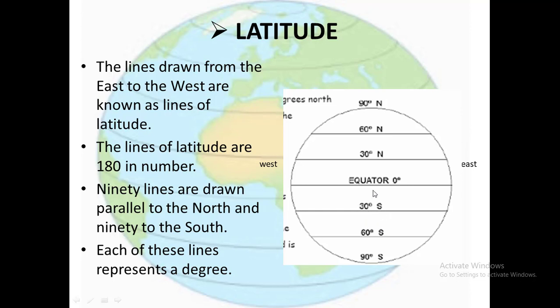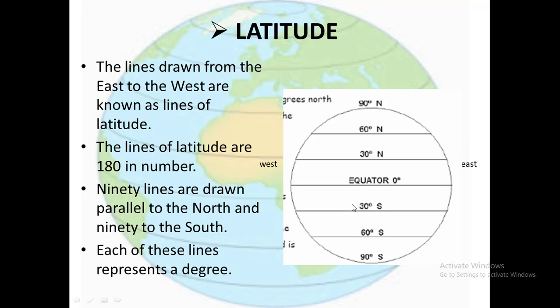The lines that run parallel to the equator are called lines of latitude. The lines drawn from the east to the west are known as lines of latitude.